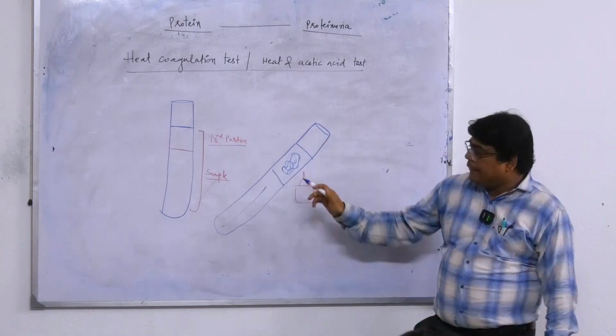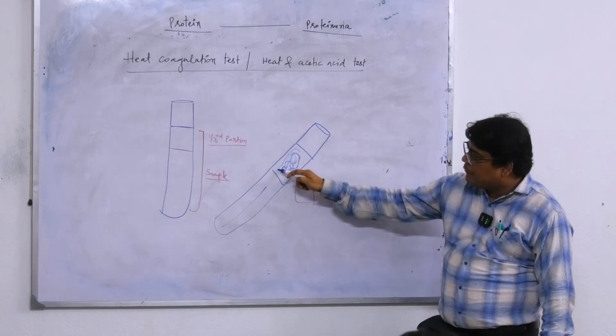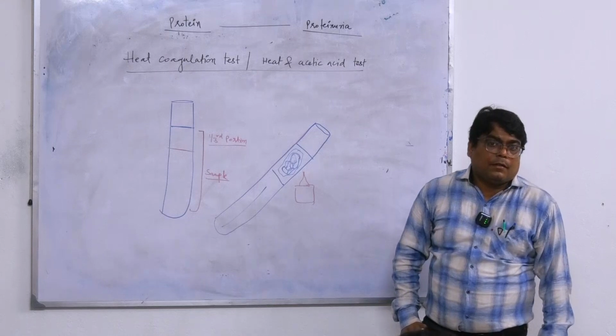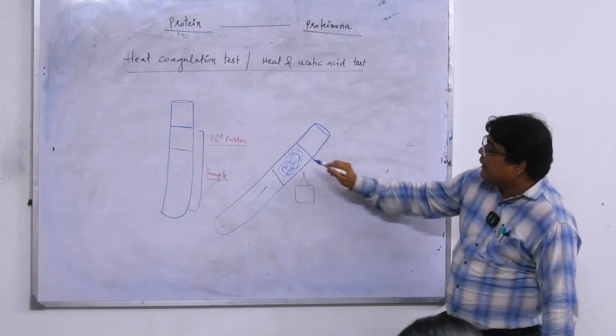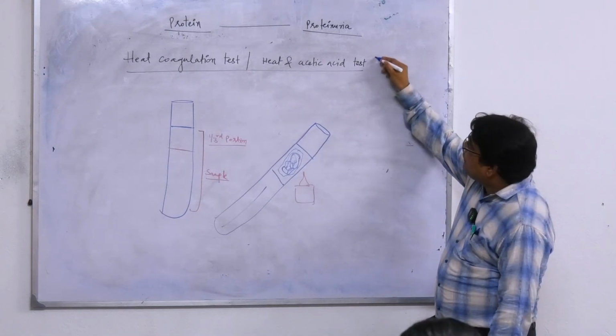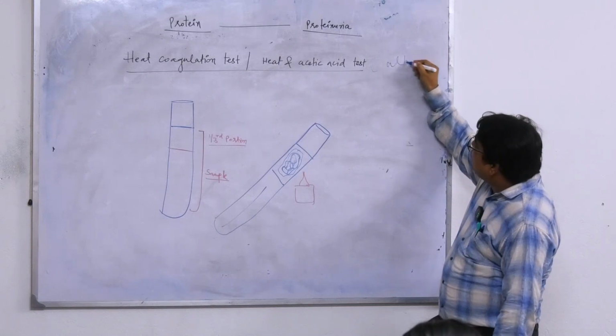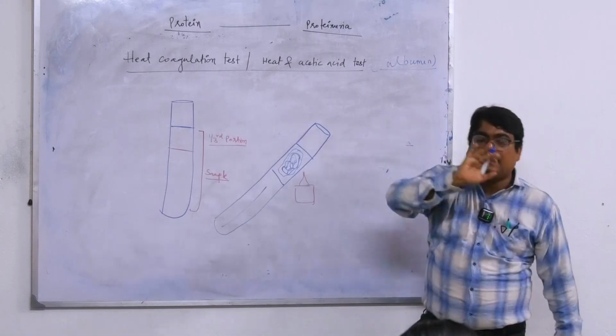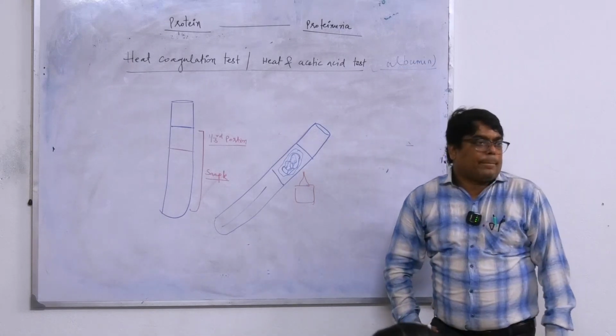Heat for 2 minutes, there is a formation of coagulum if proteins are present. Okay, so this is a confirmatory test for which protein? Albumin. Mostly albumin is generally present in the urine.